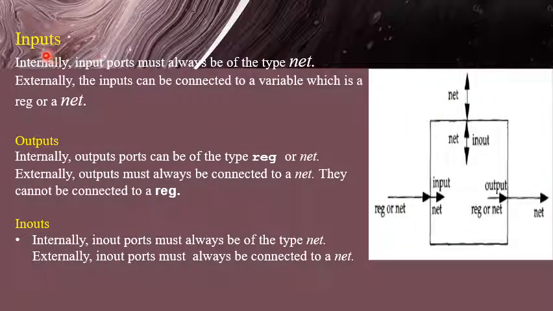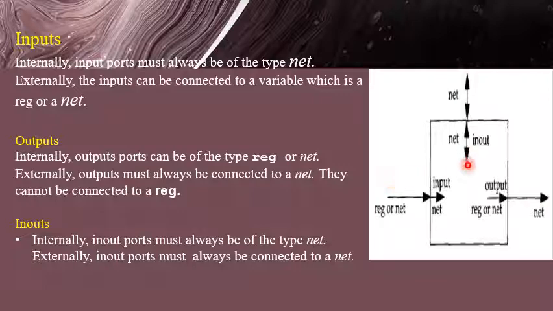The rules are, for inputs: whichever input port you are using, internally it should be declared as a net or wire, and externally it can be declared as a register or a net. Similarly, the output port of your module can be internally a register or net, but externally it should be a net.